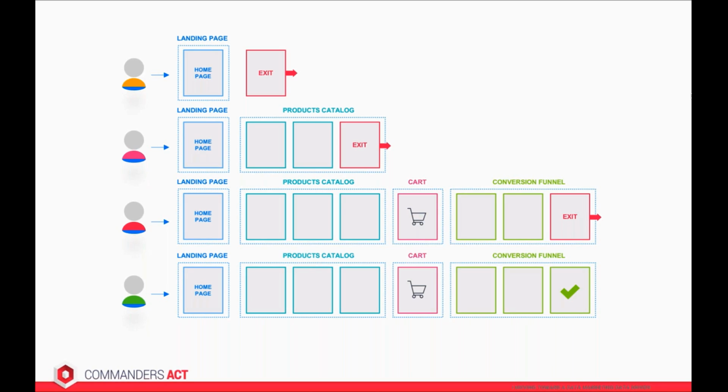And the last one, the green guy at the end, converted during this visit, so of course a more valuable visit. And in between, you've got 2 different situations. One with someone who had a look at the products catalog but didn't go further, and the last one who went through the catalog of products and also decided to add a product to his cart and start to engage in a conversion funnel.